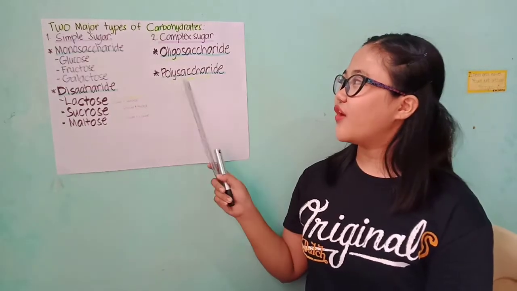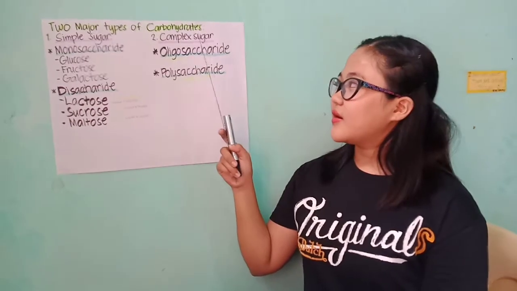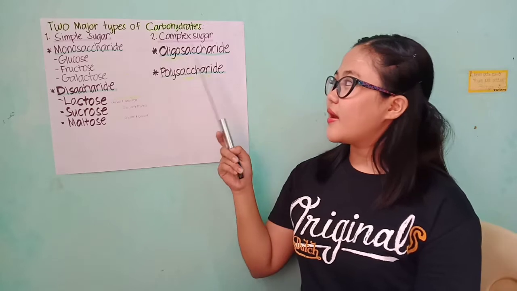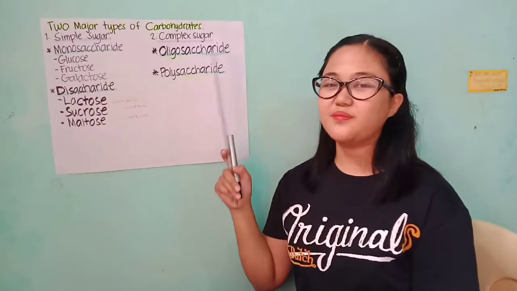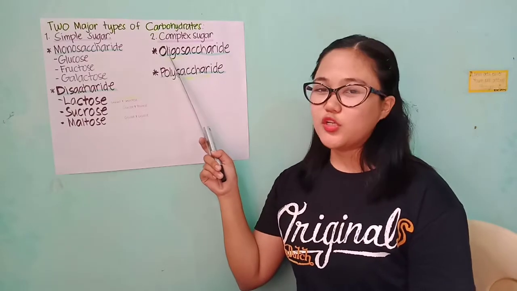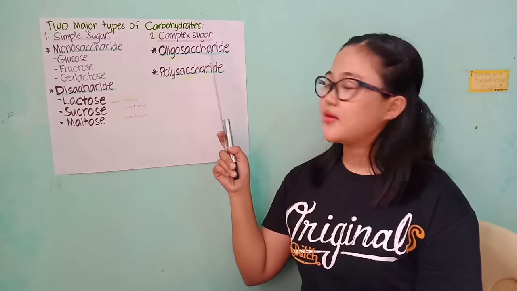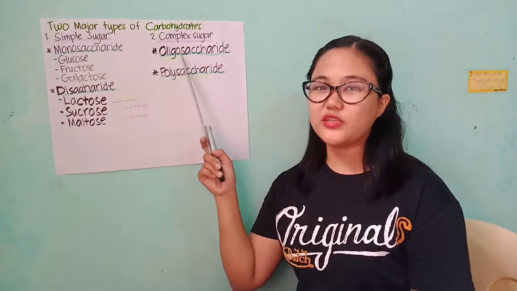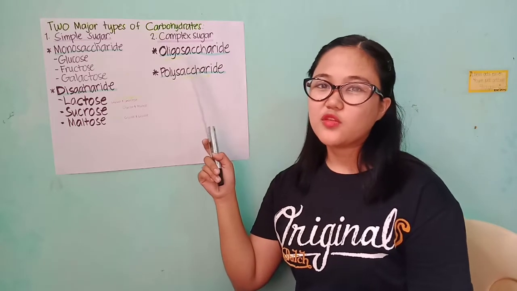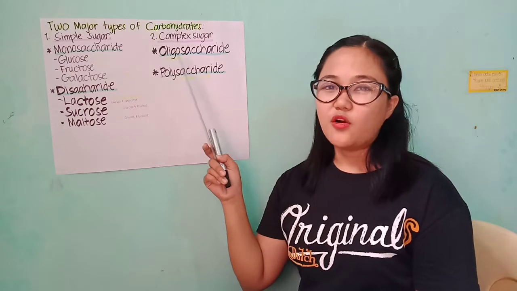So, let's move on to complex carbohydrates. Complex carbohydrates are composed of oligosaccharides and polysaccharides. Oligo means few and saccharide means sugar, so few sugars. This contains 3 to 9 sugar molecules linked together.